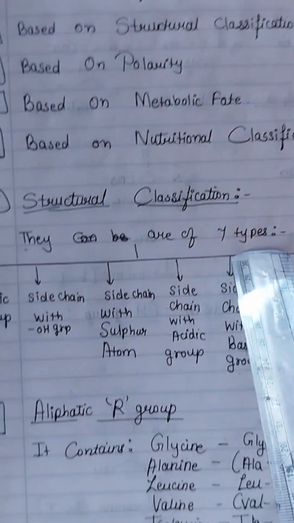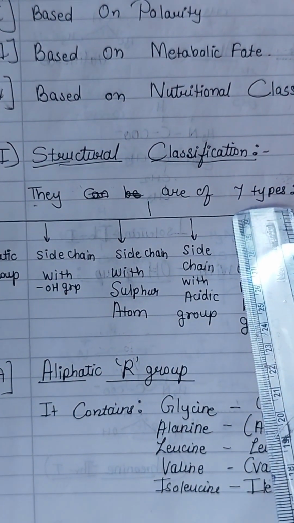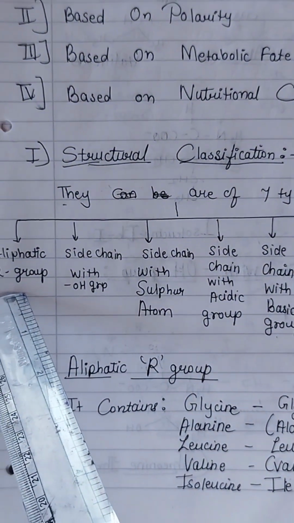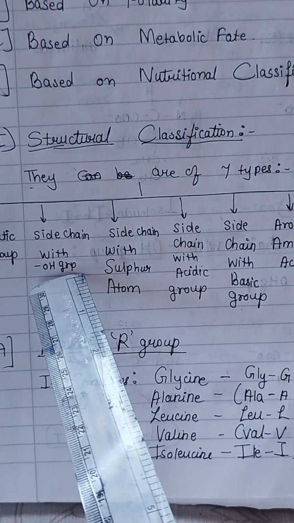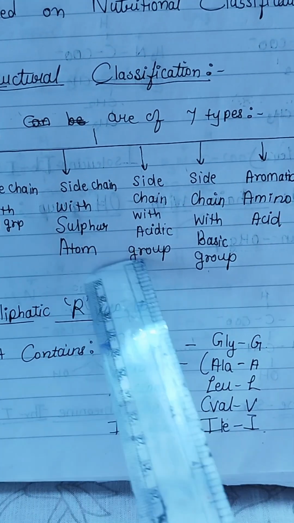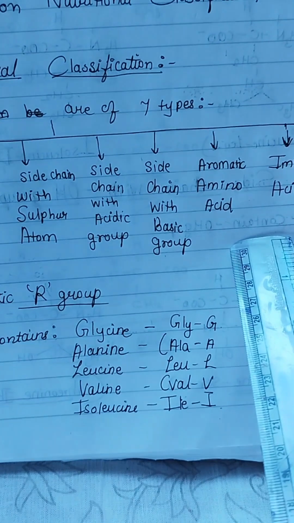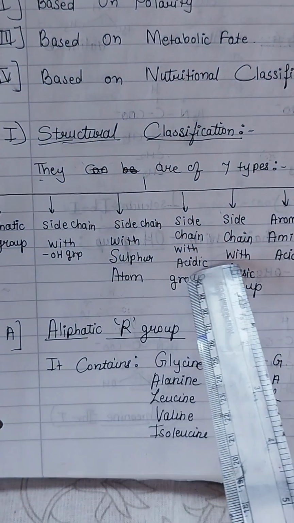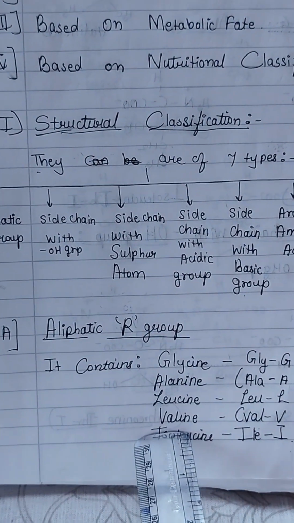There are 7 types: aliphatic R group, side chain with hydroxyl group, side chain with sulfur group, side chain with acidic group, side chain with basic group, aromatic amino acids, and imino acids. So these are the 7 types. Here we'll study them one by one.